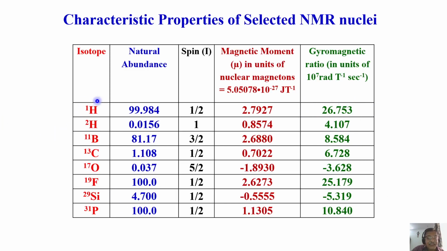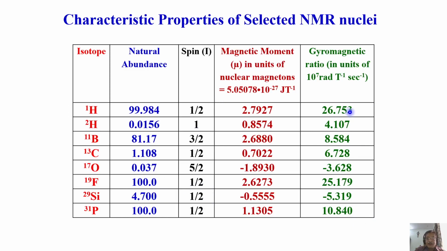And abundance is another thing which is also important in detecting the signal. That's why I'm stressing these two columns, natural abundance and gyromagnetic ratio. And of course, spin is an important thing. So that's why I've concentrated on deuterium, carbon, and fluorine, all three nuclei.